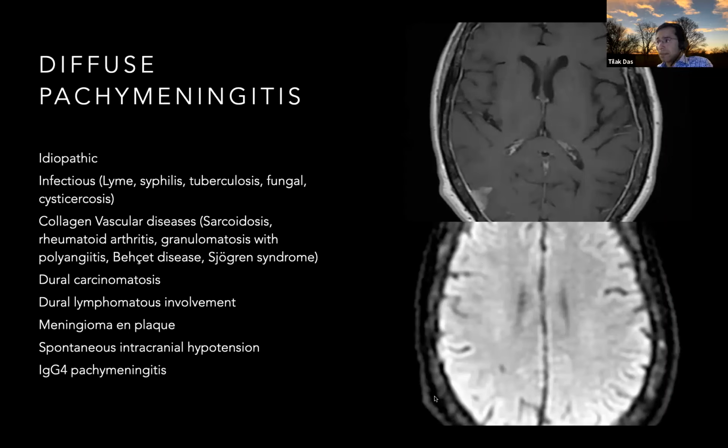And again, the DWI is quite helpful to show you that the overlying bone is extremely abnormal. So I don't know whether this is cancer coming from bone into the dura, or whether it's a reaction of the dura, which makes it sort of more smooth rather than nodular, irregular dural thickening.